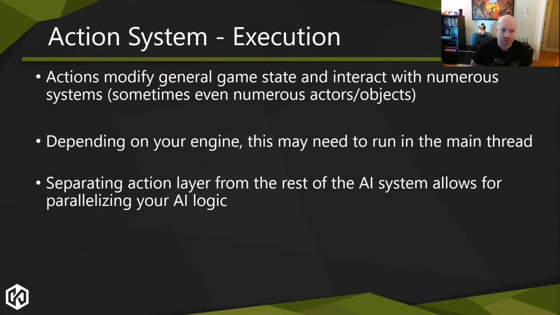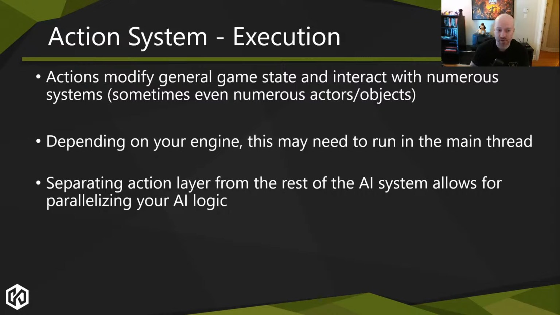Again, something I mentioned earlier is that the action system is the only system that modifies game state. Decision-making and knowledge are not something that interfaces with the rest of the game. The action system is the only kind of hook out of the AI into the actual game state, and it's the only thing that can modify objects, trigger things, spawn stuff, link to things.